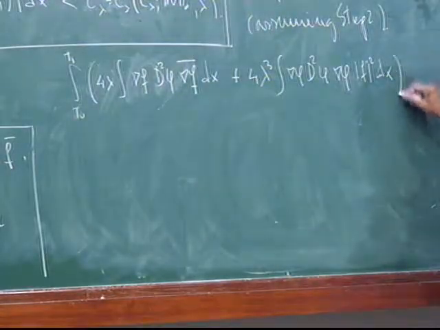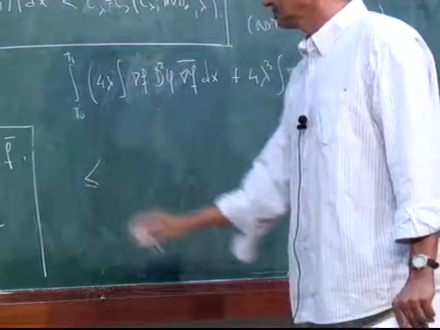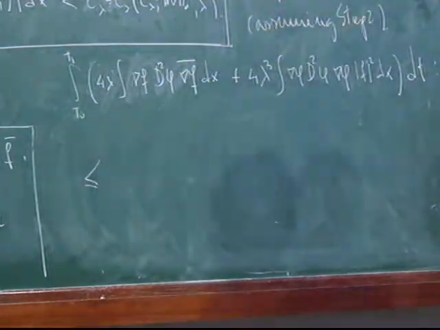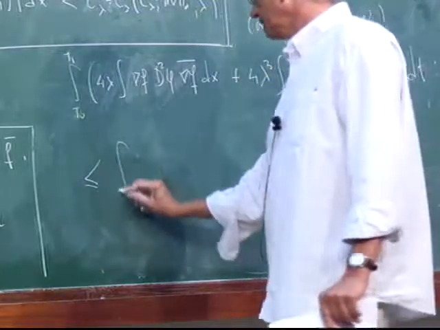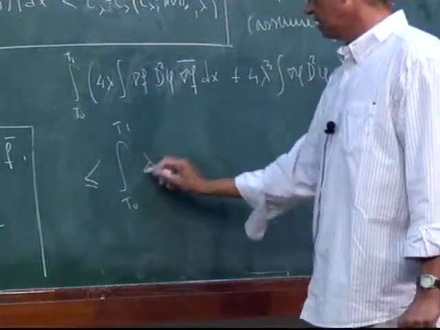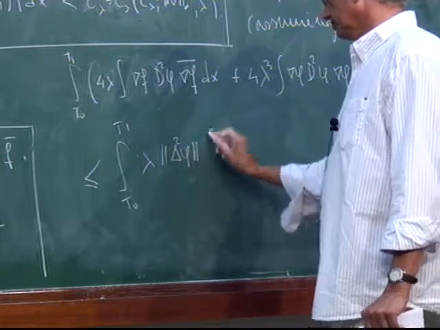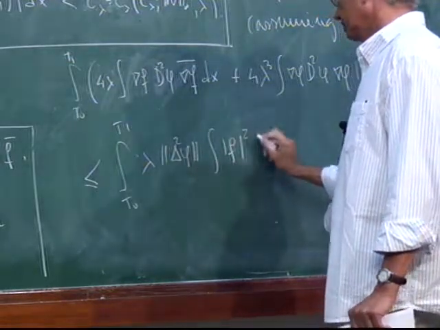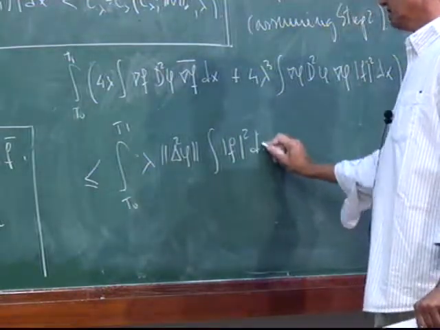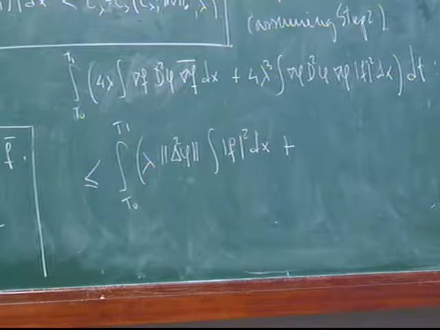This part, dt, is bounded by this integral between t0 and t1. This part that we don't control, the L infinity norm of this, f squared dx, plus, who is this? This is the b, right?